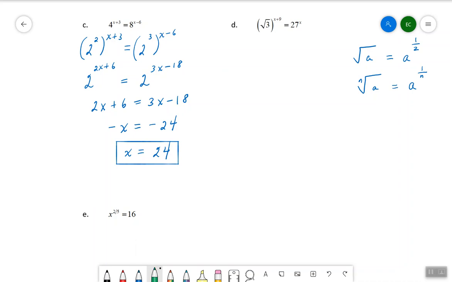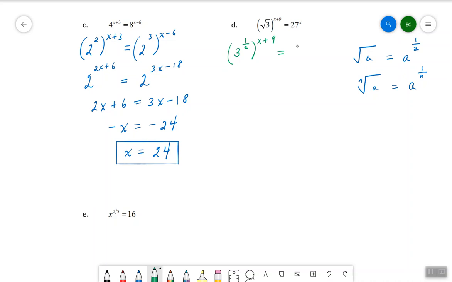Since I used blue out on the side, maybe I'll change and use green here to solve the problem, just to keep things clear. So the square root of 3 is the same as 3 to the 1/2 power, and then that's raised to the x plus 9.